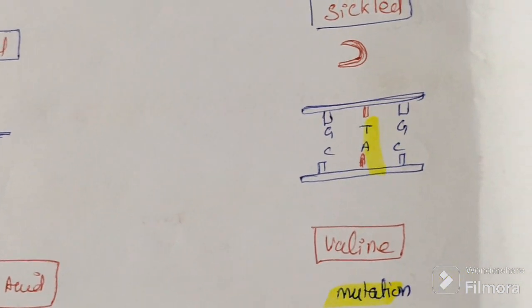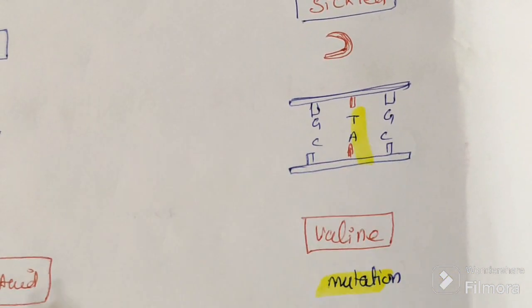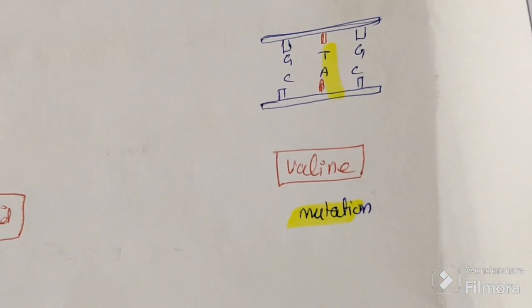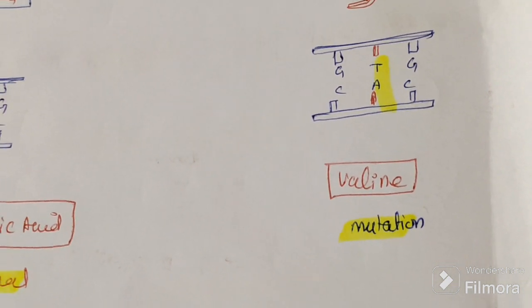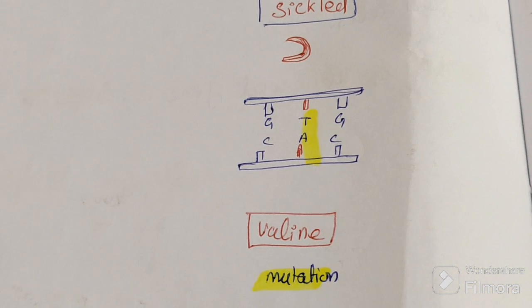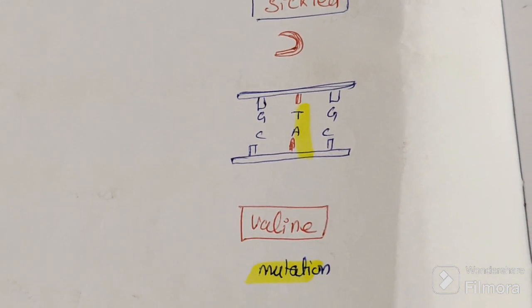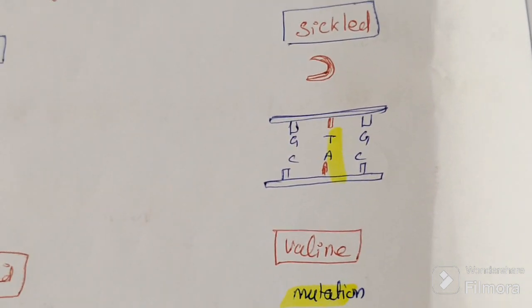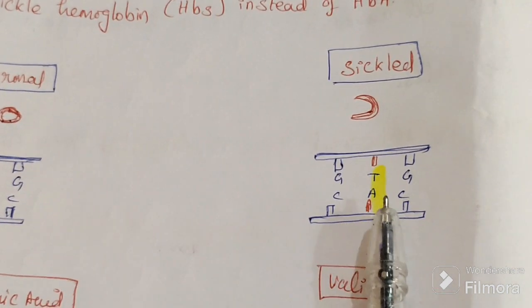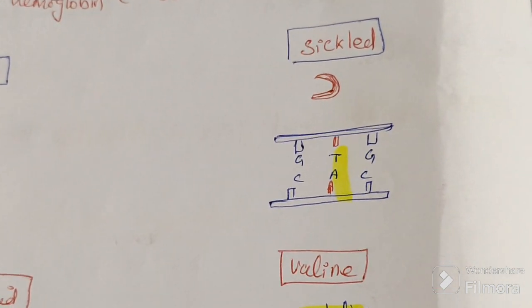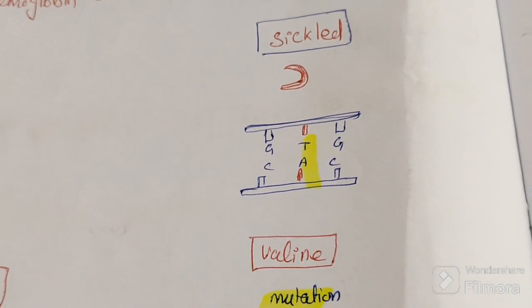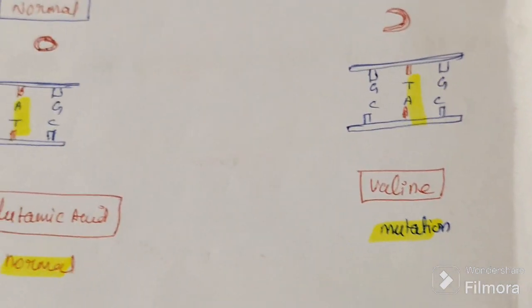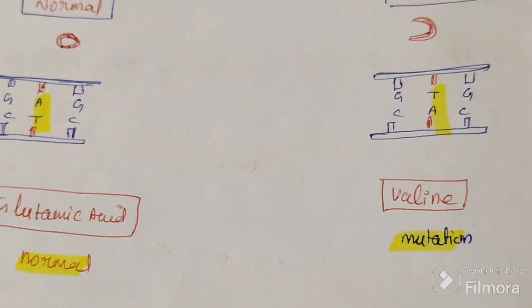But now it is replaced by GTG, adenine replaced by thymine. Now it is coding for valine, not coding for glutamic acid.